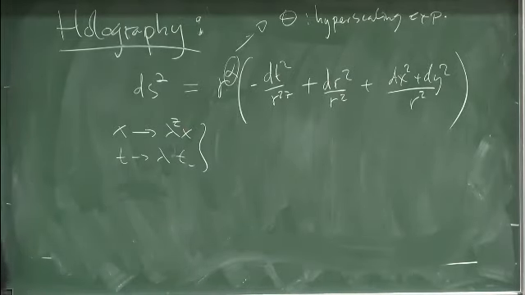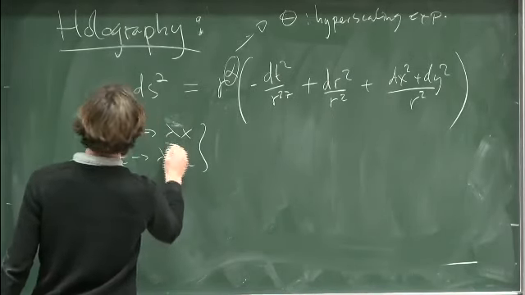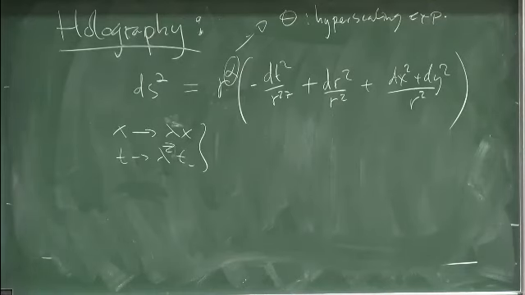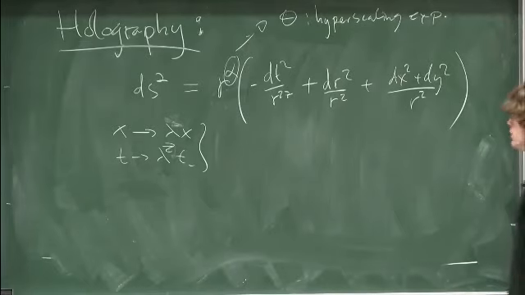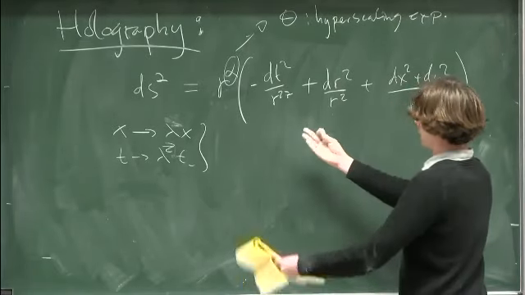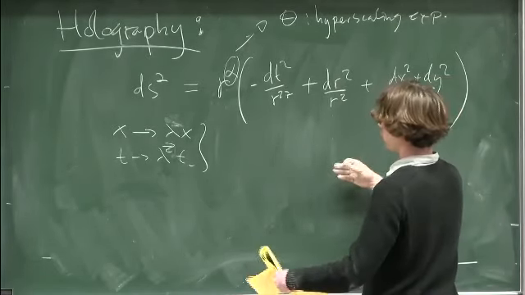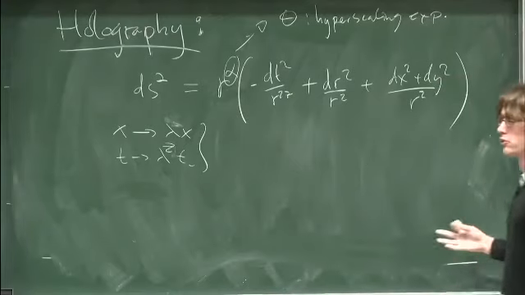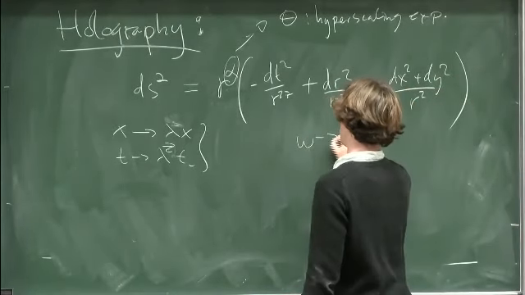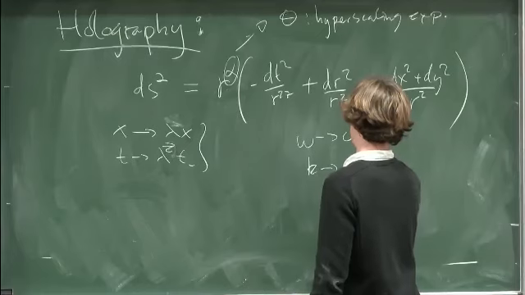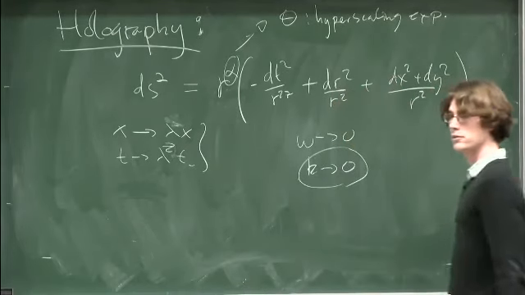I always get these z's in the wrong place. That's okay, good. So it looks like as you go to low energy in all of these models, you're scaling towards the origin in momentum space. So when omega goes to 0, k is also going to 0.